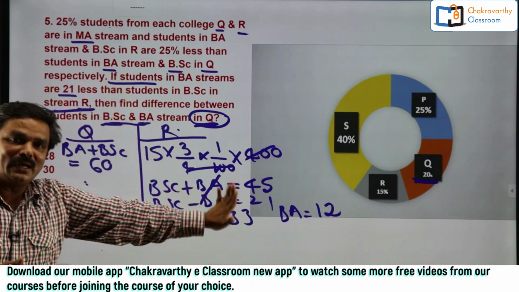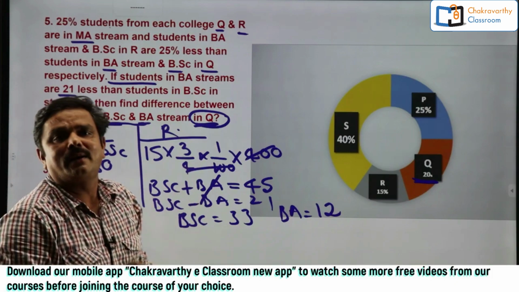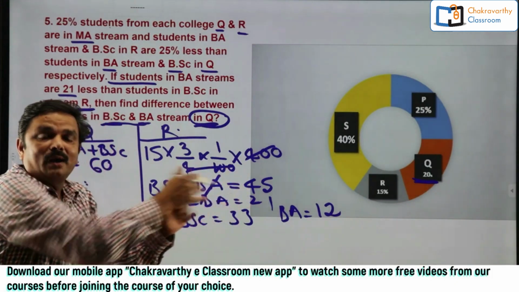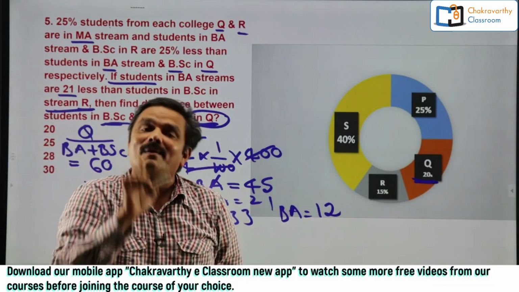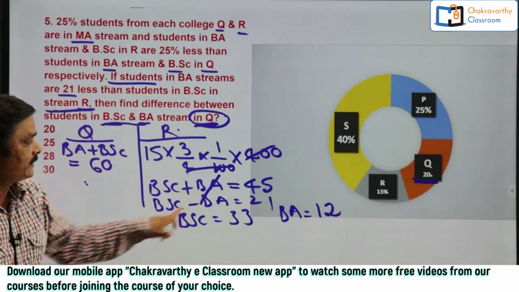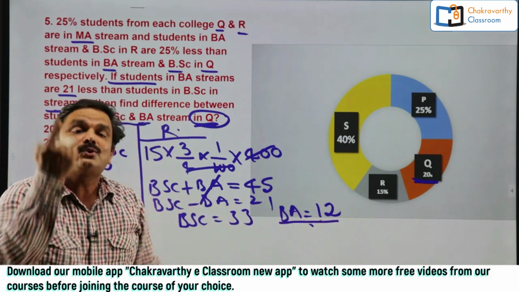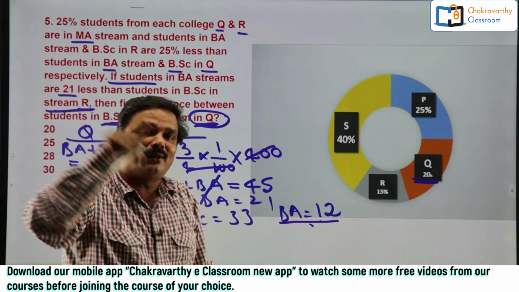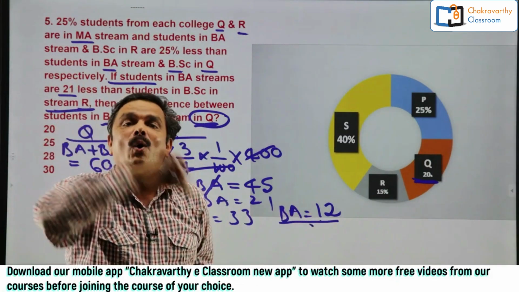I found the values of BA and BSc students in R. These values are 25% less than that of Q's there. That means BA students in R, that is 12. This 12 is 25% less than that of the students who are in BA stream in college Q.